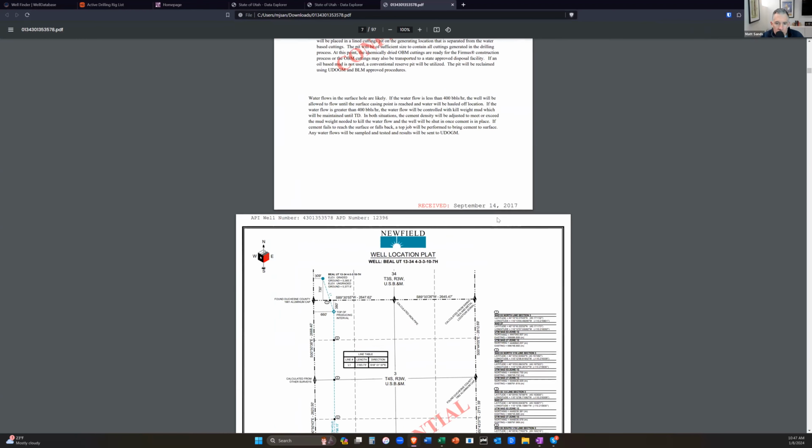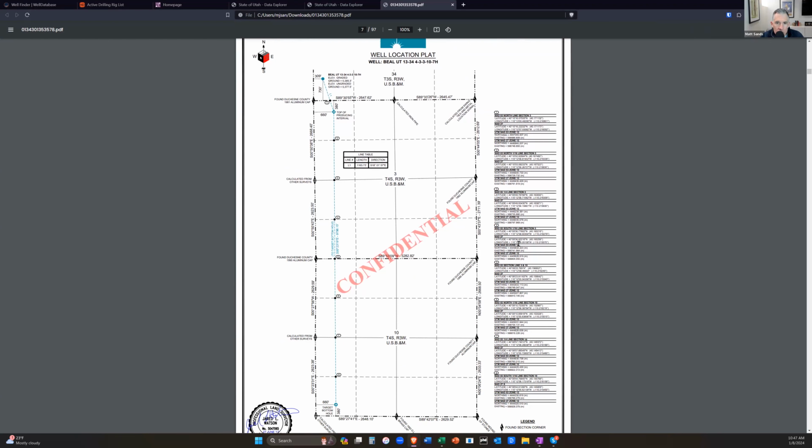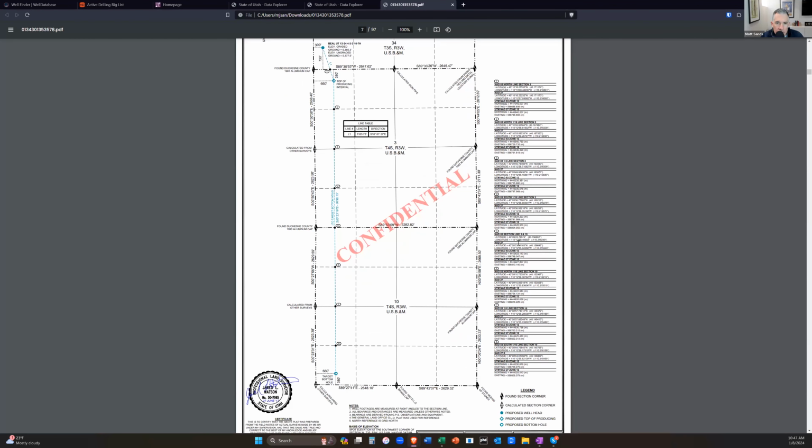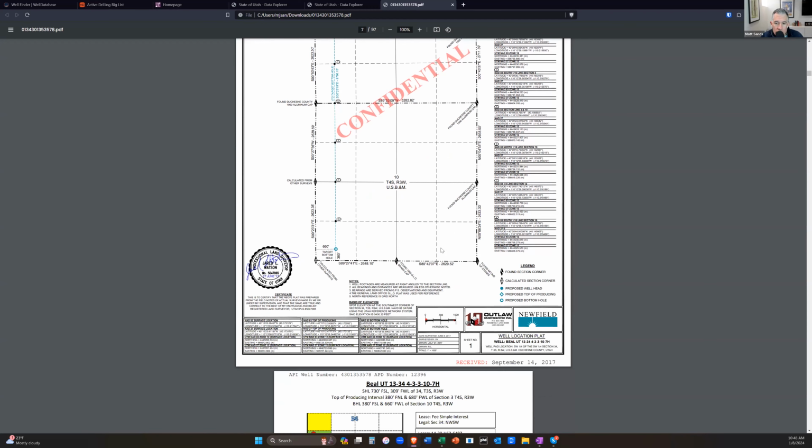So just as we scroll down, we can see the location plat. And again, if we have minerals in section 3, we are good, because the producing interval is right there at the top and it goes through most of this section. The bottom hole is down there in section 10. And it looks like the entirety of section 3 and section 10 are part of this spacing unit, so that 1,280 acres.